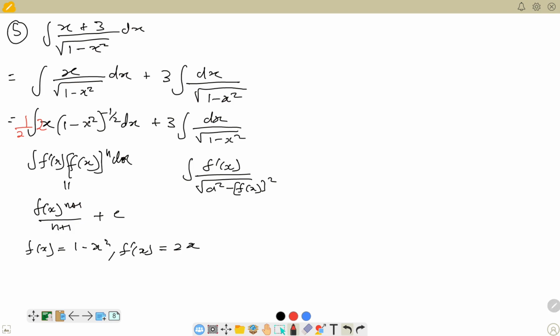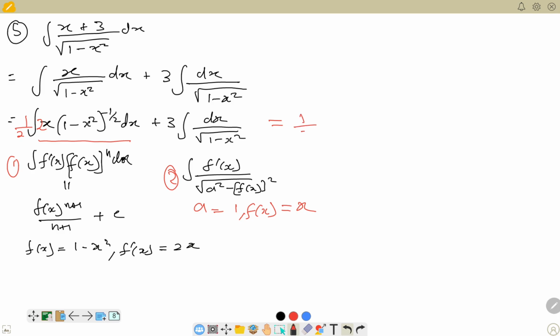Then let's look at the other one. Here we can see that our a is actually 1. Then our f of x is just x. Then the answer to this now becomes, we'll apply this formula to integrate this, and then this formula to integrate that.